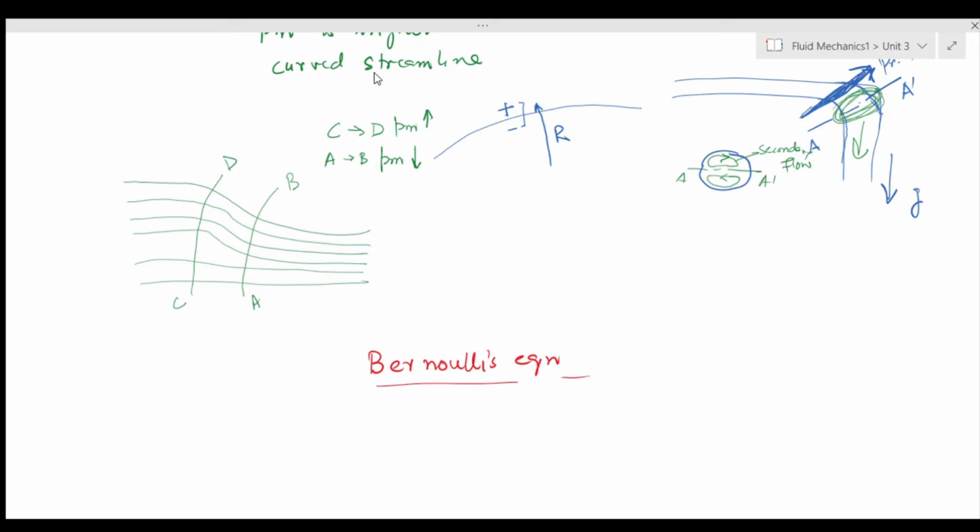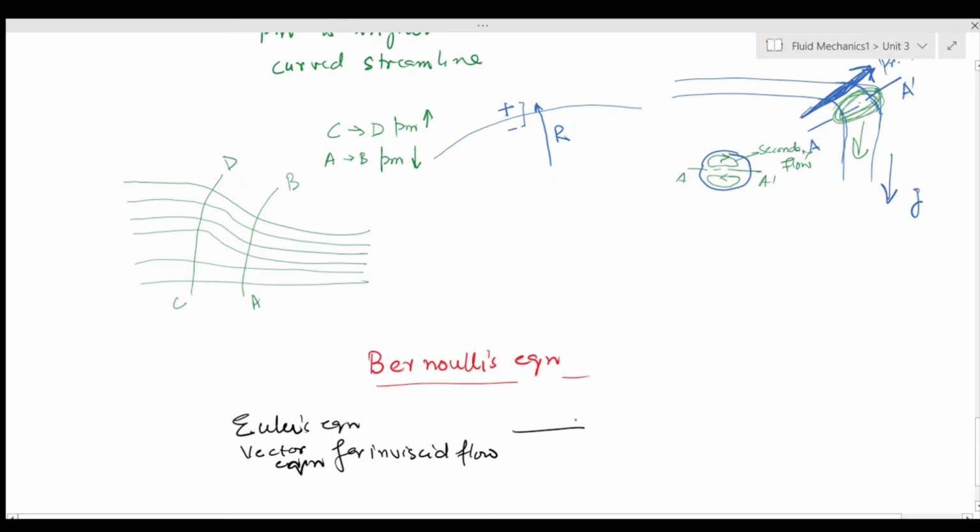Let us see what we are going to do here. The Euler equation is actually a vector equation for inviscid flows.